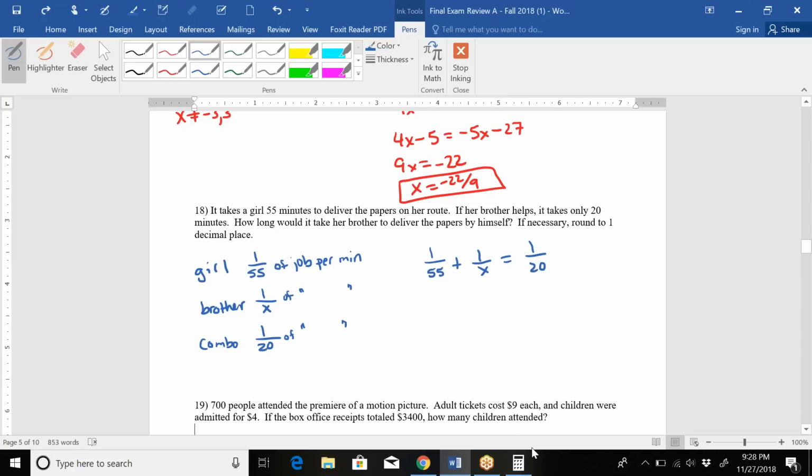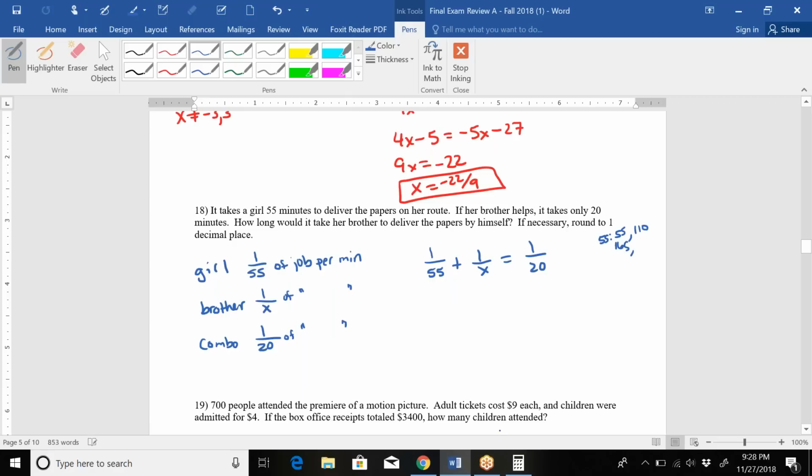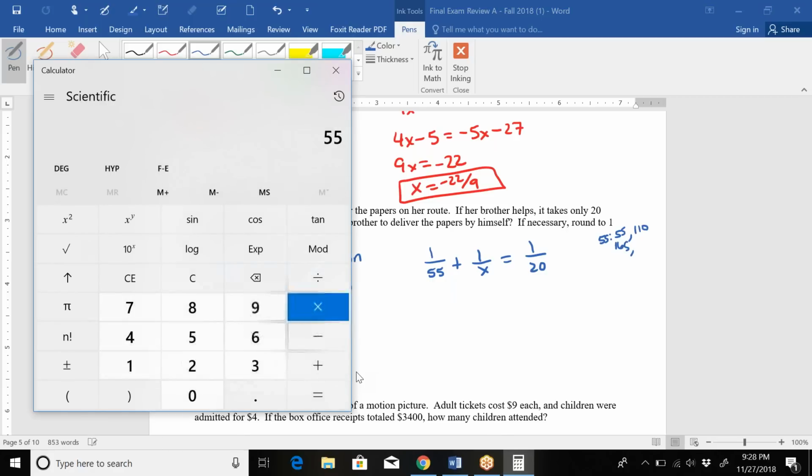So, depending on what you want to do, if you want to find an LCD, you can list factors of 55. So that would be 55 times 2, that would be 110. Still 20 doesn't go into that, so 55 times 3 is 165. 55 times 4 is 220.